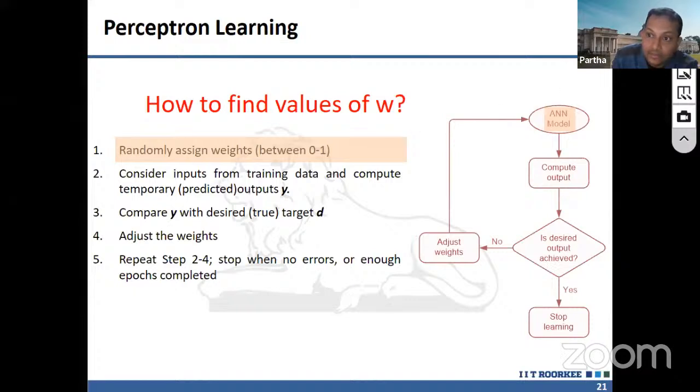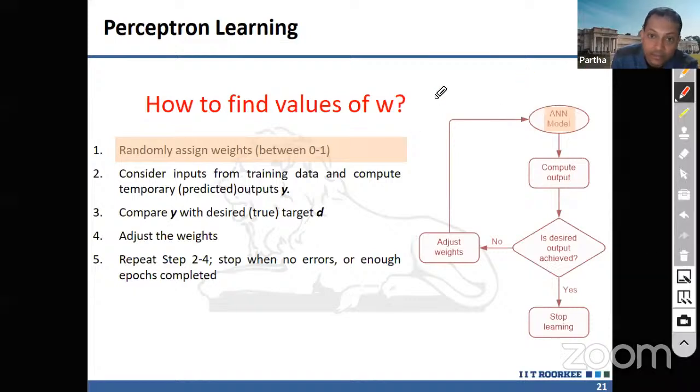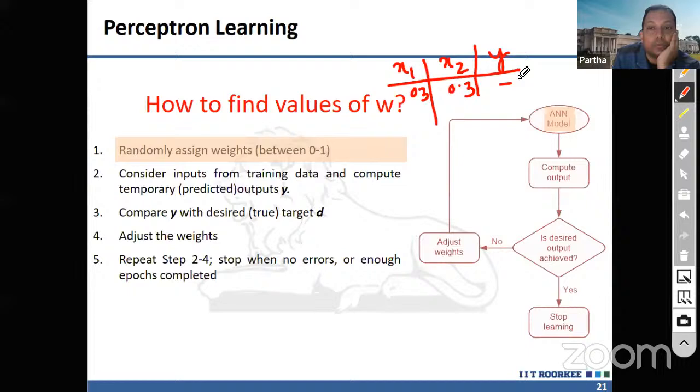Given some examples, for example, x1, x2, and you have some y, like 0.3, 0.3, and you get a positive label as 1. So what do we do? We start with, for example, w1 as 0 and w2 as 0, and w0 also we have to check, for example, it is also 0.